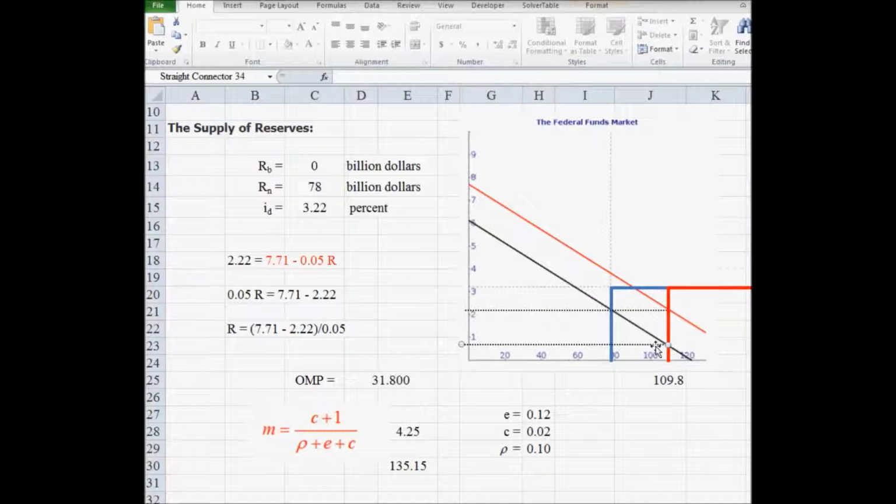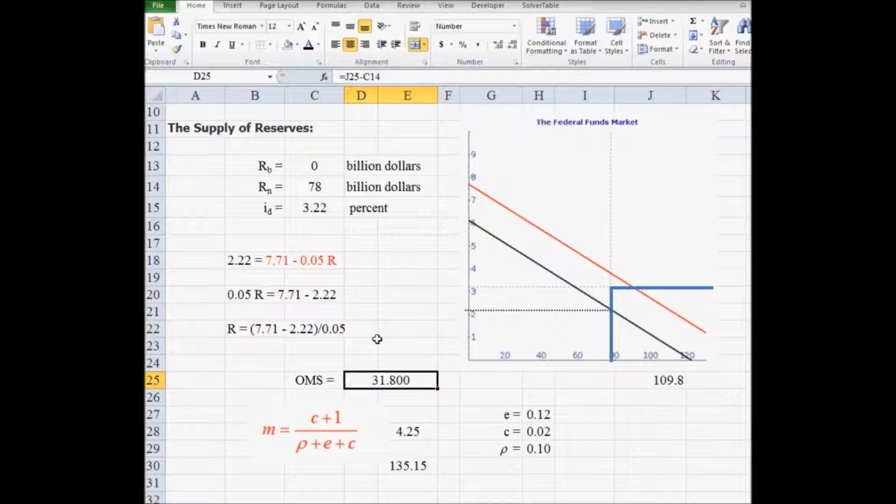To get the federal funds rate back up to the target, we have to reverse the open market purchase. So we have to do an open market sale that is equal to the open market purchase. To undo the open market purchase is $31.8 billion.